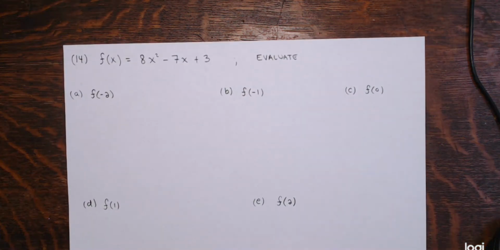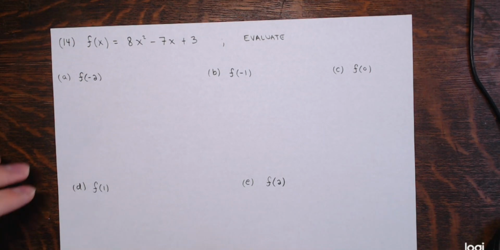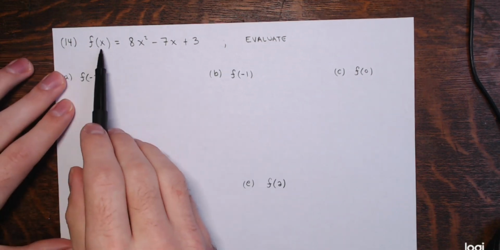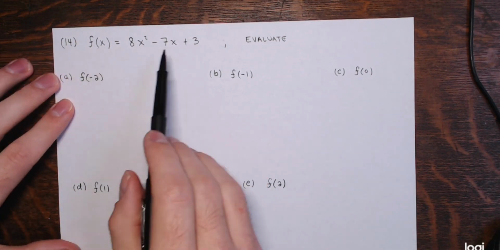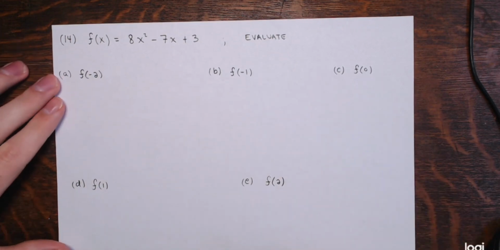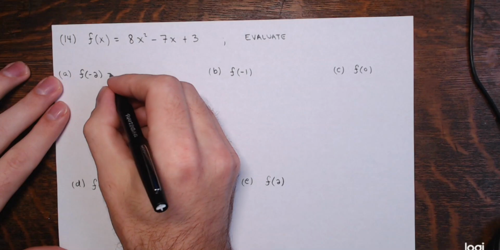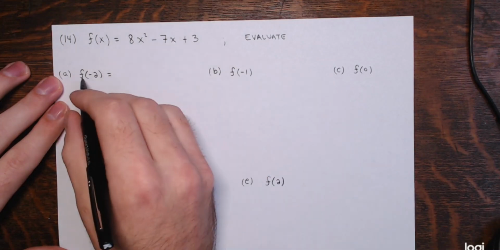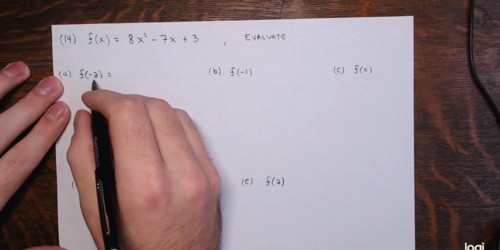I got another example. Again, very simple stuff, all the same thing here, just a different function. So here f of x is 8x squared minus 7x plus 3, and I'm doing the same 5 values, same 5 inputs as example 13. So here, what's f of negative 2? The value of f at negative 2, the output when the input is negative 2.